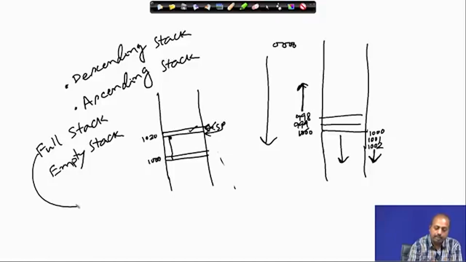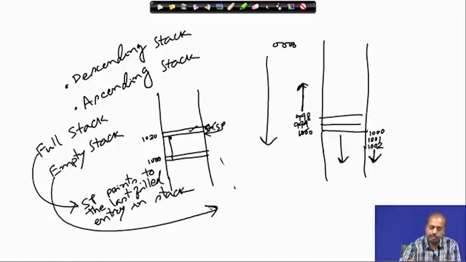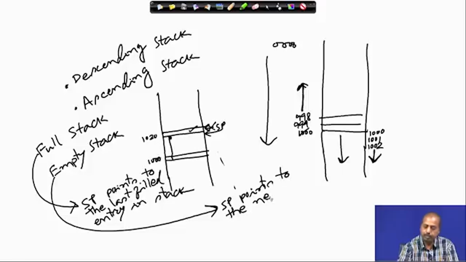Full stack means that the stack pointer points to the last filled entry in the stack, whereas empty stack means that the stack pointer points to the next empty slot where the data can be put.